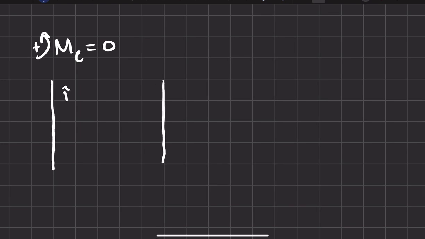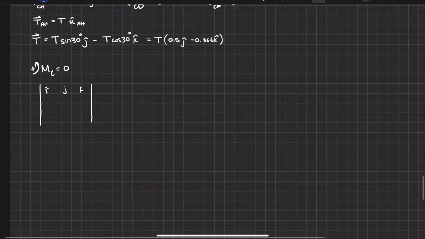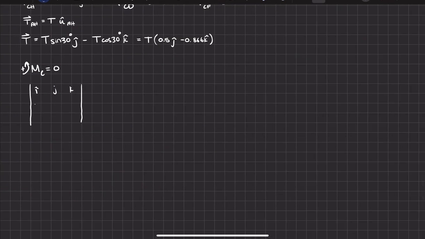We have our i, j, k component: negative 50 in the i, 250 in the j, and 0 in the k, and then we have 0, 0.5, minus 0.86, and multiply it with tension. Then we're going to add that, i, j, k. We have 300 in the i. This is for our D forces.